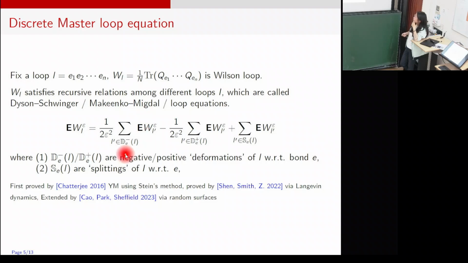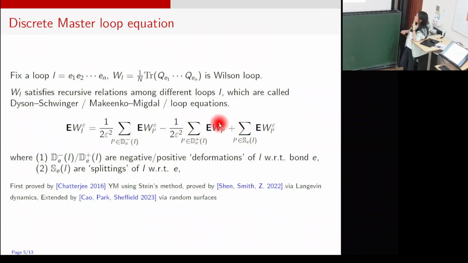So this means, for example, on the left we have the expectation of this Wilson loop, and on the right we have different operations for these loops. This is also called the Dyson-Schwinger equation, also called the Makeenko-Migdal equations. And here on the right, we give the different operations for this Wilson loop.